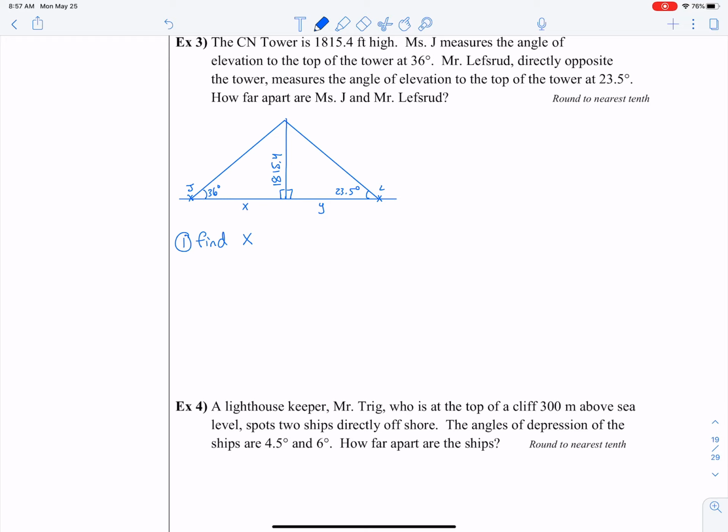So for both of those, that's our right angle. So across from my right angle is going to be my hypotenuse. This is going to be opposite. And this is going to be adjacent. So I have opposite and I have adjacent. So opposite and adjacent together is going to give me tan.